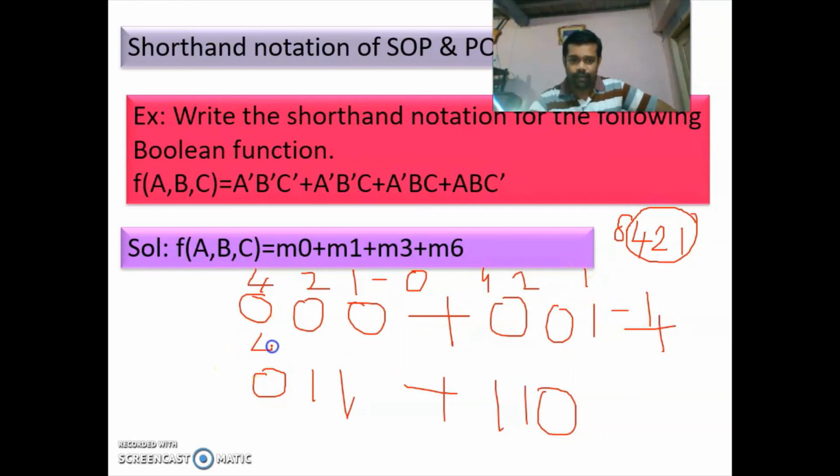Here you have 1 in the place of 2 and 1, so this is 3. Here, 4, 2, 1, you have 1 in the place of 2 and 4, 4 plus 2 is 6. So we write this as m of 0, m of 1, m of 3 and m of 6. Since this is SOP, we have used the small m.